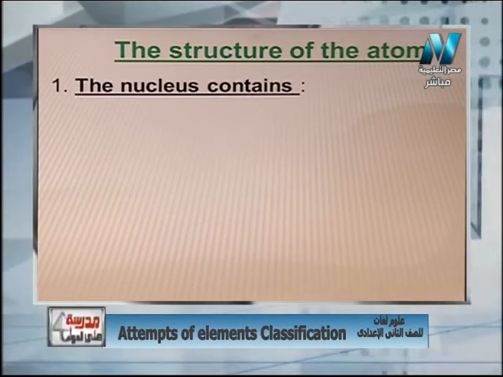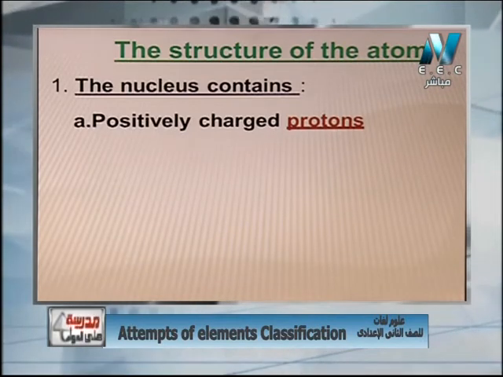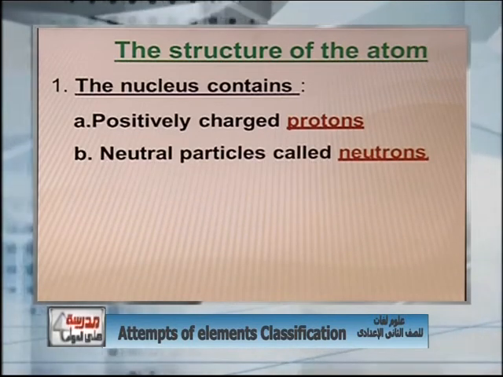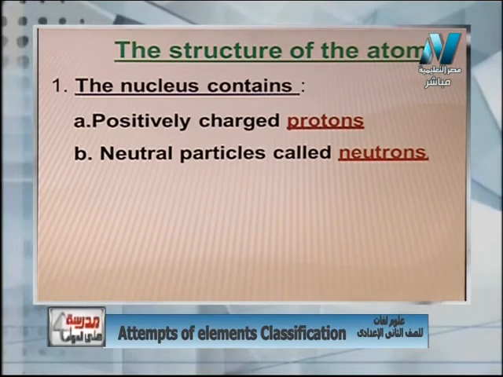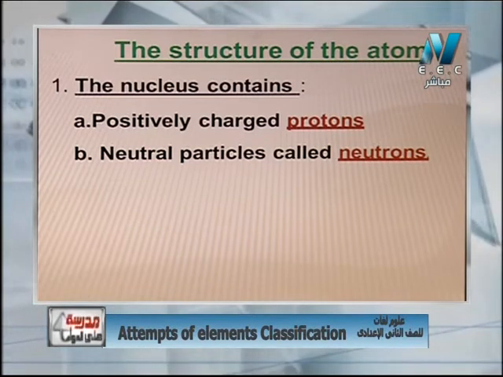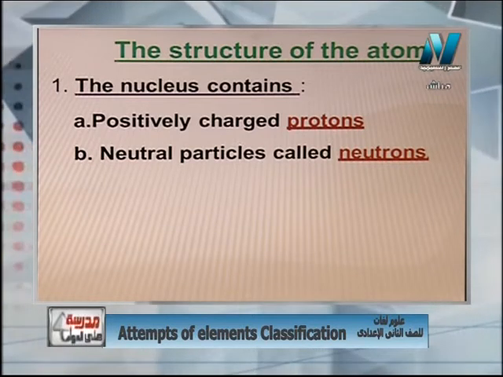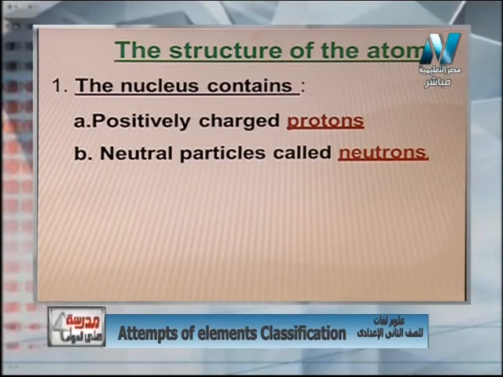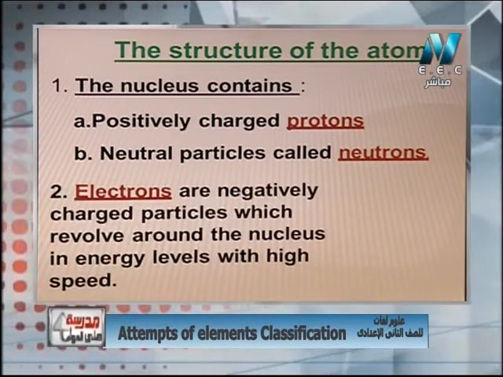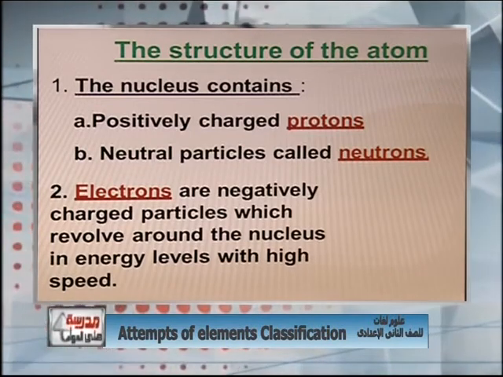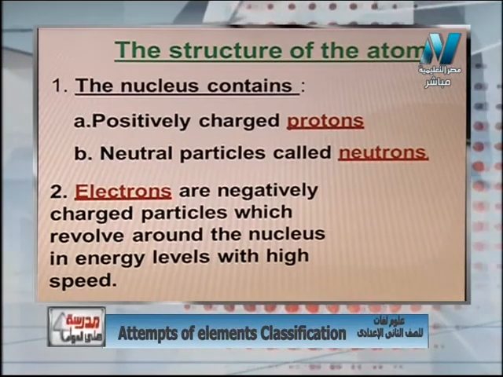First, the nucleus, which contains, as we said, positively charged protons and neutral particles called neutrons, and this is inside the nucleus, where we said is the mass of the atom, because it is the total mass of protons and neutrons, and both of them is called mass number. The second part in the atom is called electrons. The electrons are negatively charged particles which revolve around the nucleus in energy levels with high speed.